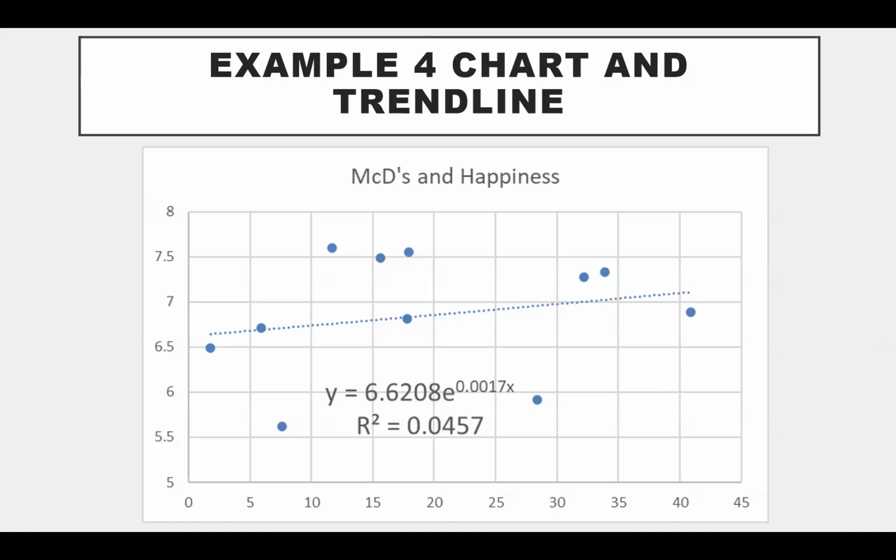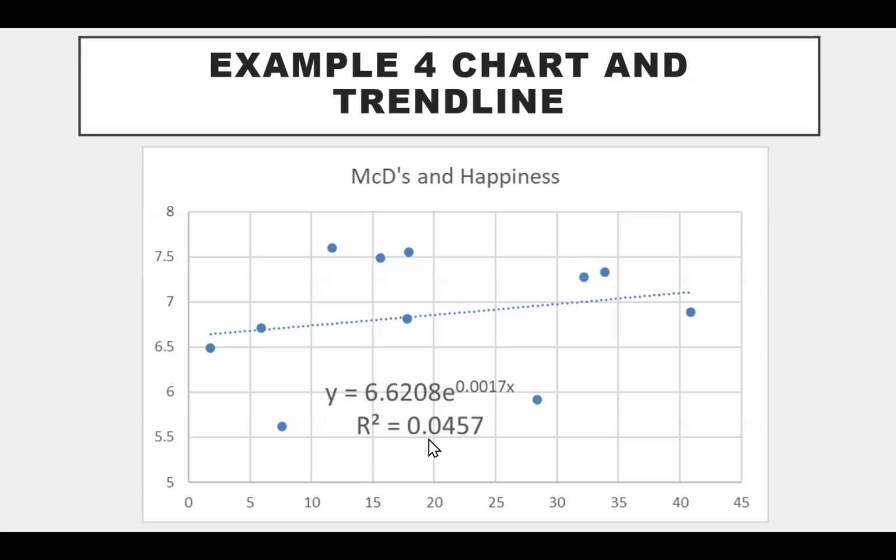If I asked for the exponential regression model, the model of best fit on exponential regressions, it would tell me that y is equal to 6.6208 times e to the 0.0017x, with an r squared value of 0.0457.